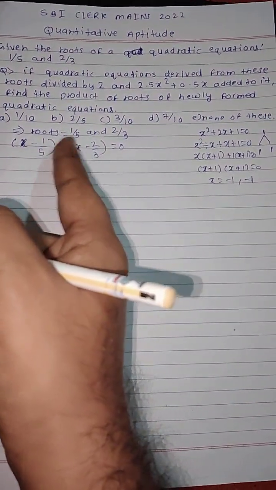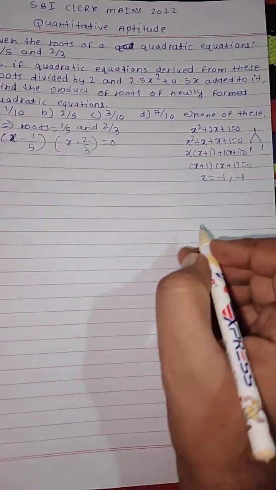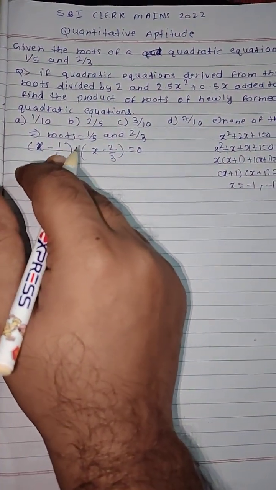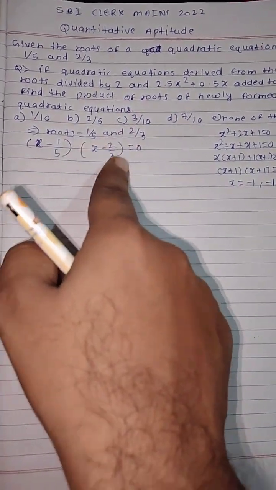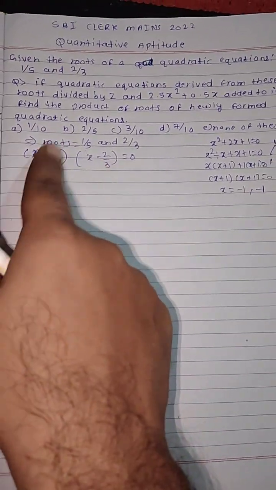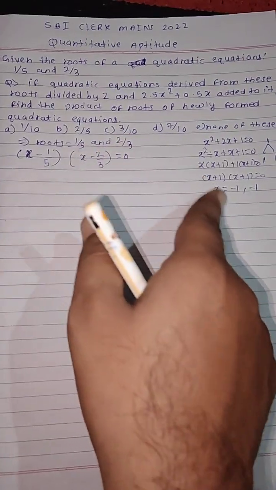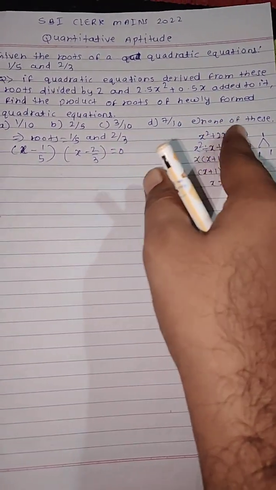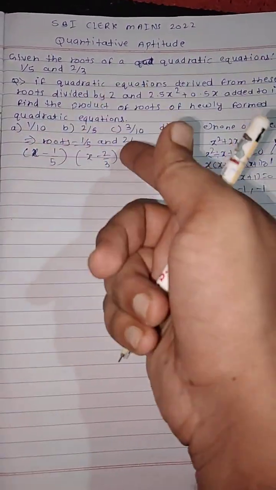Now we will solve this to get one quadratic equation. We multiply x with the whole term, and then minus 1 by 5 with the whole term. This is the rule. I think you understood: if the root is plus, we take minus in the factor.